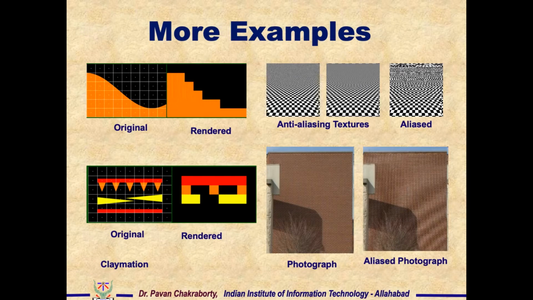The same sort of effect occurs in our graphics when we draw lines, images or polygons. We see here an original curve which is smooth, but when it is represented through sampled pixels it becomes box-like, as shown here, the original being rendered into this. Similarly, here the original has triangles, but triangles are represented as square pixels.